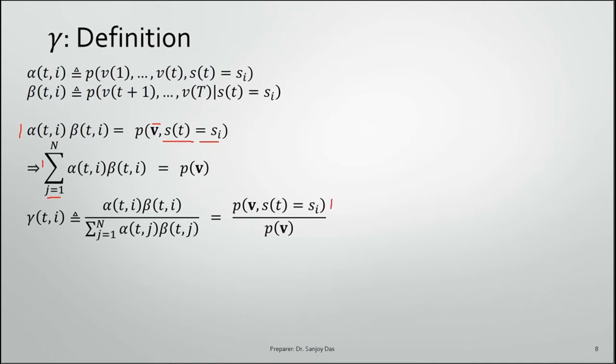The numerator has the probability of output V and St equals Si, and the denominator has the probability of V. So the ratio gamma t i is the probability of the state at time t being equal to Si given the output sequence V.